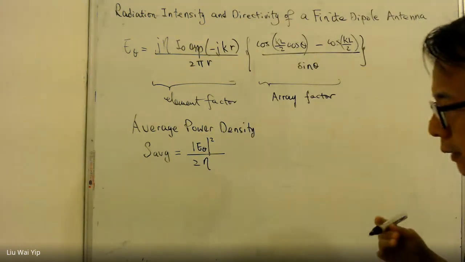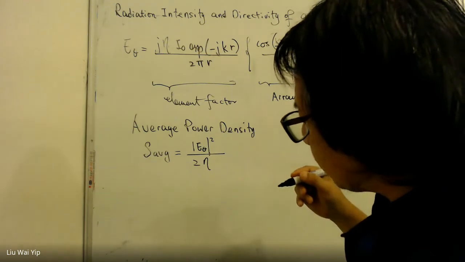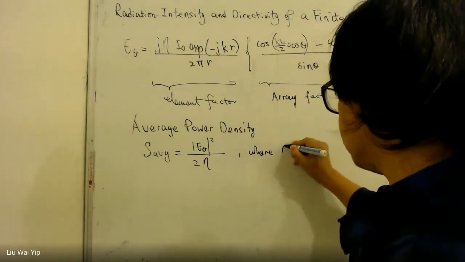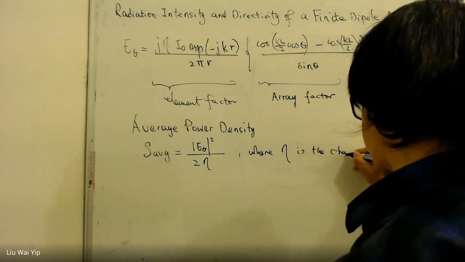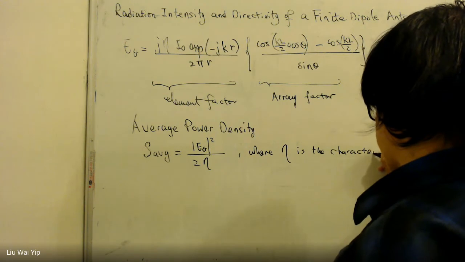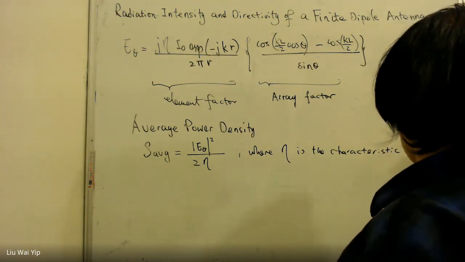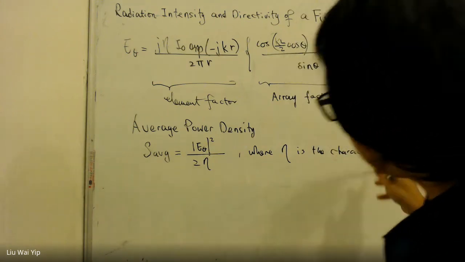Eta is the characteristic impedance of air, or the characteristic impedance of the medium.